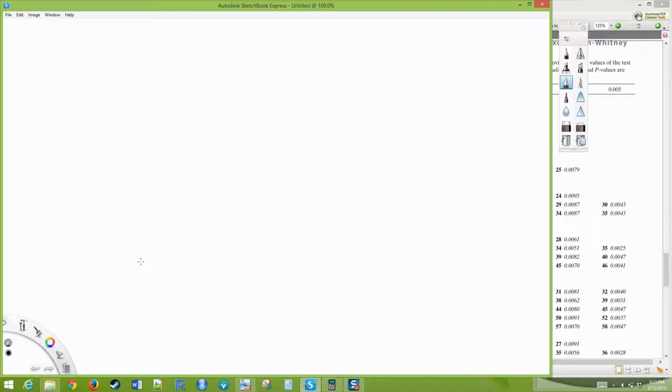All right, so now we're going to change gears and cover chapters 9 and 10. This is all about inference for categorical data.